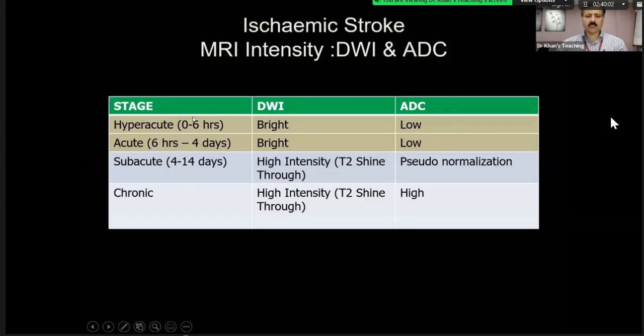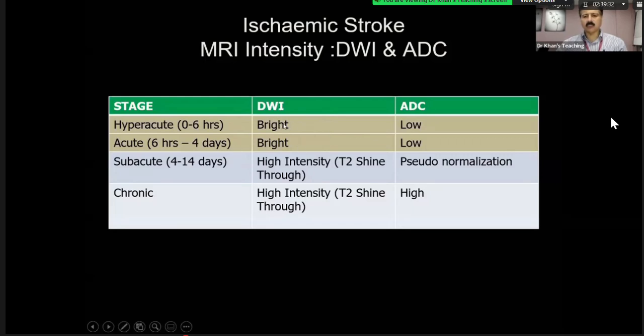Please remember that these days are not etched in stone, and don't think that the changes will be absolutely black and white. There is a bit of overlap. Having said that, if you see the signal on DWI and ADC map, till the first 4 days, that signal does not change. So this is a take-home point for you to remember. Till 4 days, there is no change.